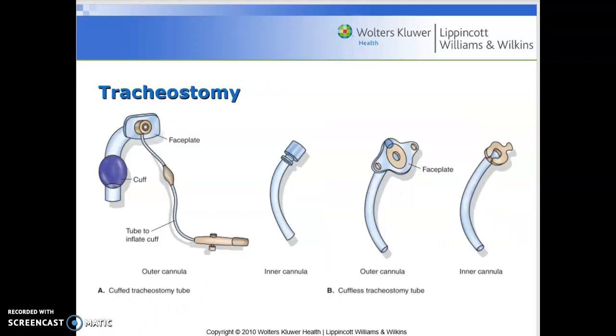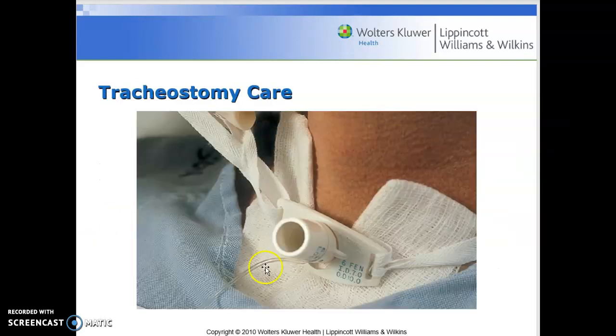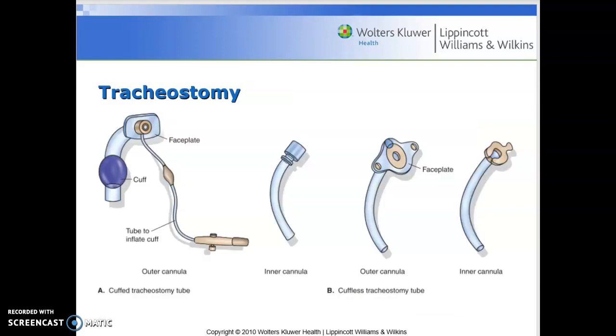Now we're going to talk about the tracheostomy. With the tracheostomy, I'm going to flip to this slide and show you the picture. That's when a hole is actually put into the throat, directly into the airway. With the tracheostomy, it's very important that we maintain good care with this, because this goes directly to the lungs. We can't get water down in this.